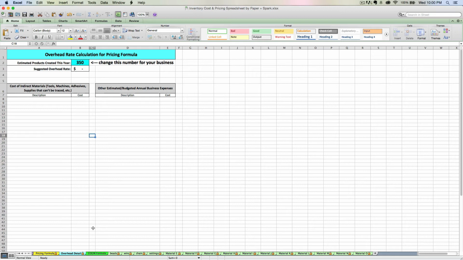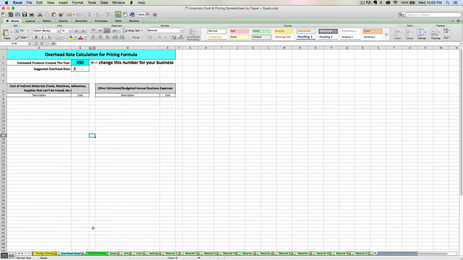We sum all of them up, and then we divide a little portion of that big sum into the price of every product that you make. Every product that you make is going to get a little piece of that expense included in its price, and that little piece is called an overhead rate.